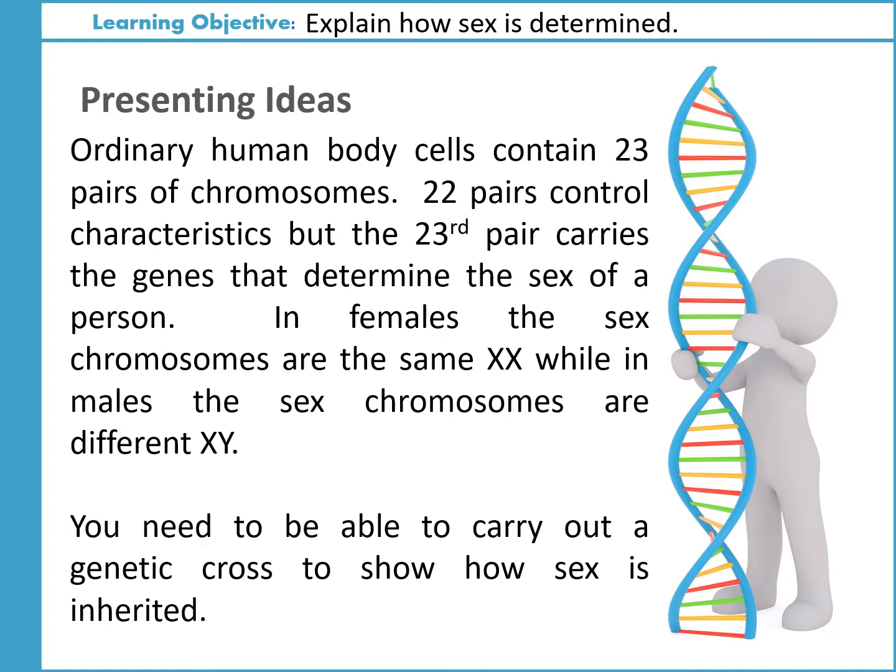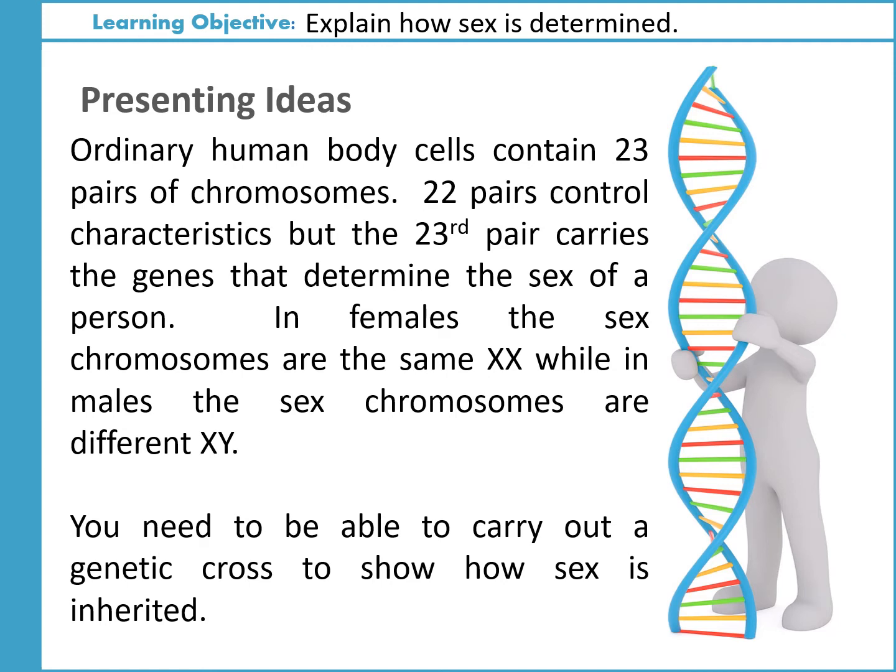So the sex chromosome number 23 is going to be an X from each of your parents. You are XX, therefore you are a girl. If you inherit the Y chromosome from your father, and you can only inherit it from your father because, as we've just said, women will carry XX, then you will have XY and you will be a male.